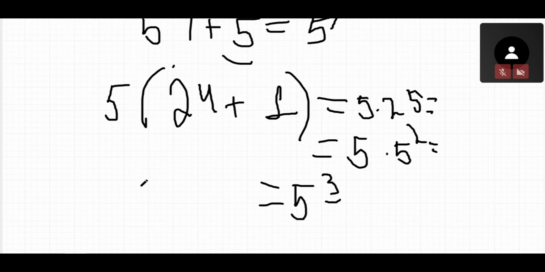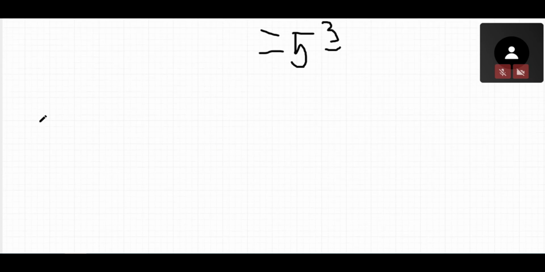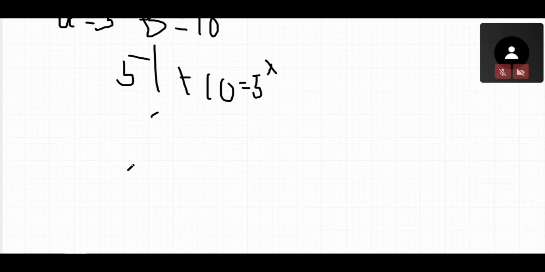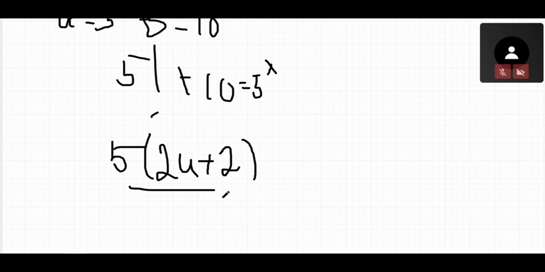Let's then look at another part. If we say that a is 5, b is 10. Let's look at b factorial plus 10, some power. Okay. 5 out of the 24 plus this kind of thing we can't get, because it's not divisible by 5.